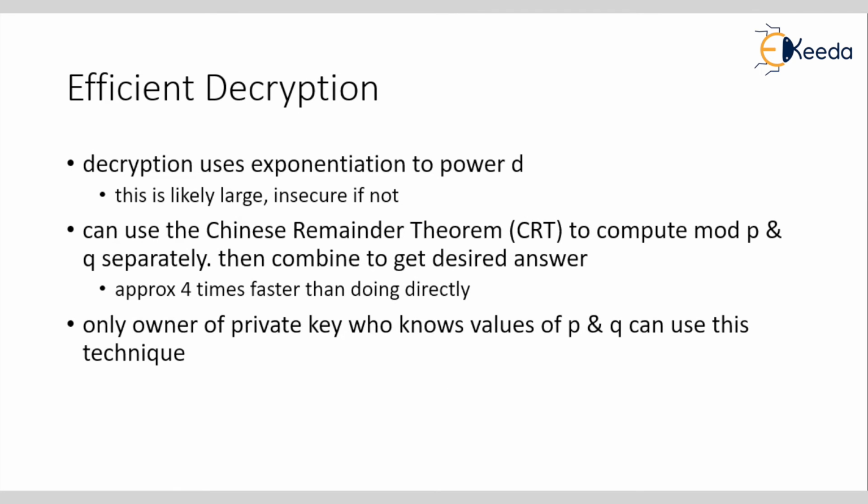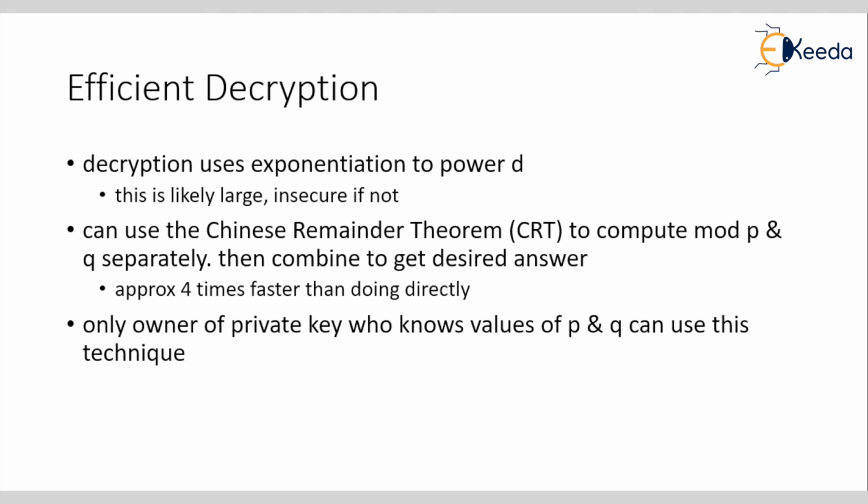How to efficiently decrypt the message? Decryption uses exponentiation to the power of d. This is slightly large, but secure. We can use the Chinese remainder theorem to compute the modulus p and q operations for the decryption process separately. Then combine them, and you get the desired answer of the decryption process, which gives you the plain text back.